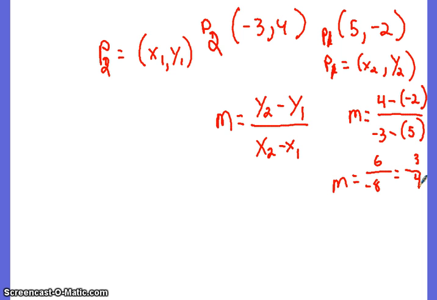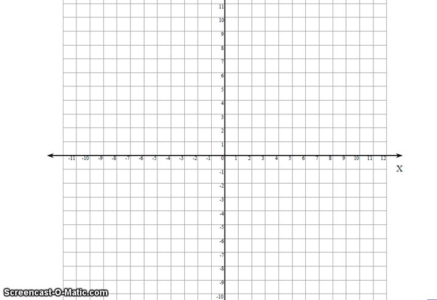All right. So hopefully you don't have any questions, but really it's as simple as what we just did. So if I go back to the first thing we did, if I were to find the distance between 4, -2, and -4, 4, here's 4, -2, and -4, 4, there we go. Here's my line, it's 2 up, and it is 1, 2, 3, 4, 5, 6, 7, 8 over.